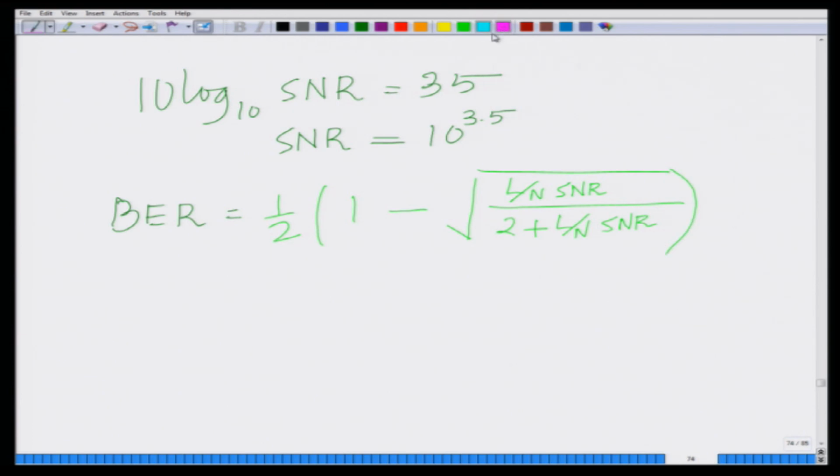Now we are given L equal to 16, N equal to 256.